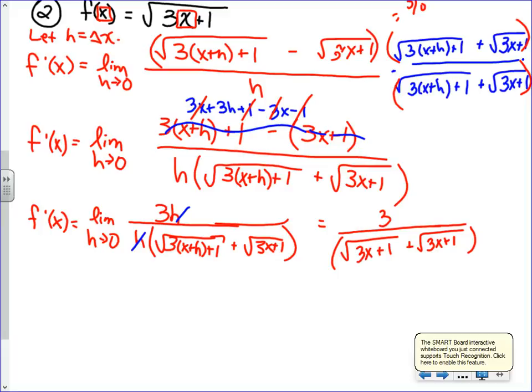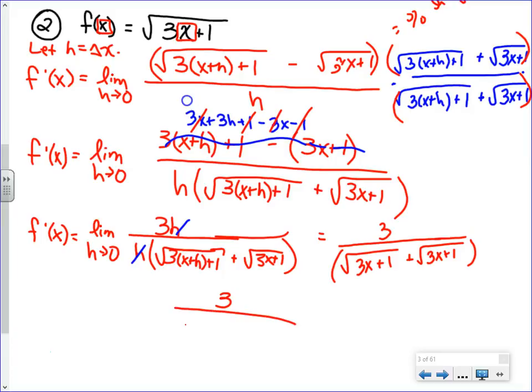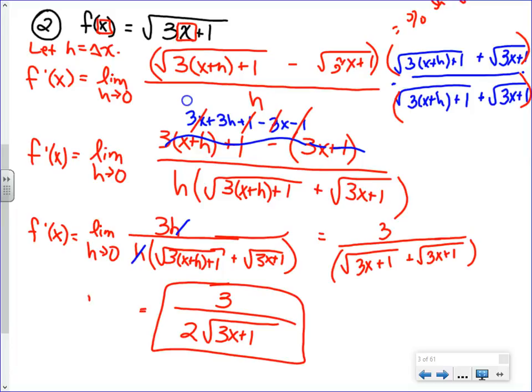So our final answer will be, can we simplify that anymore? Yeah. They're kind of like terms, right? There's 2 of them. So we could just say 3 over 2 of those square roots of 3x plus 1 equals our f prime of x.